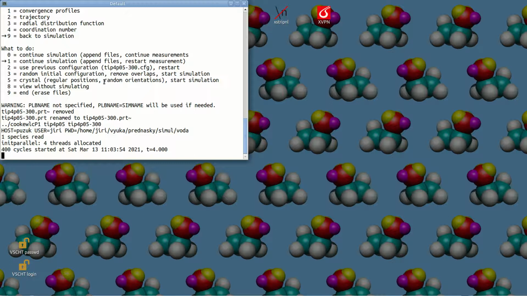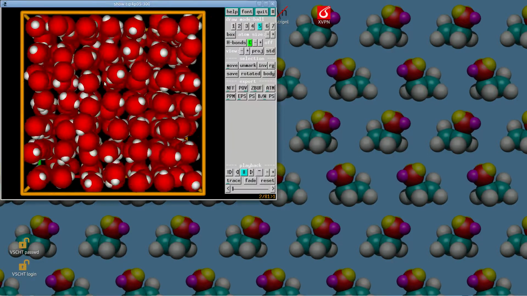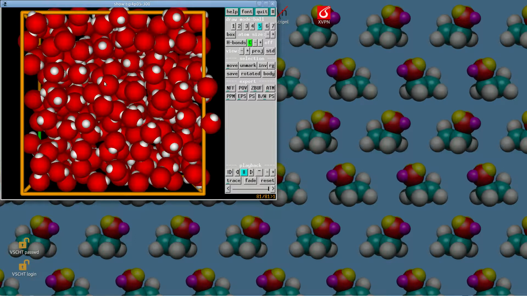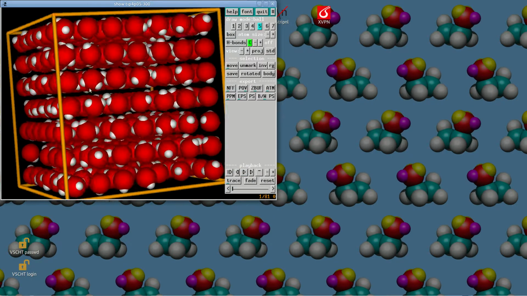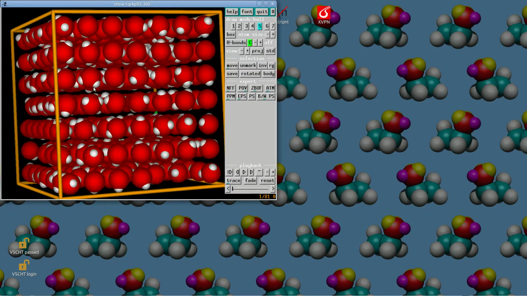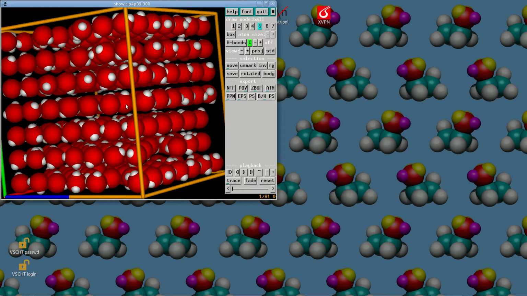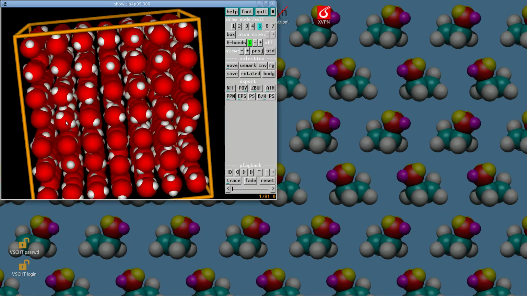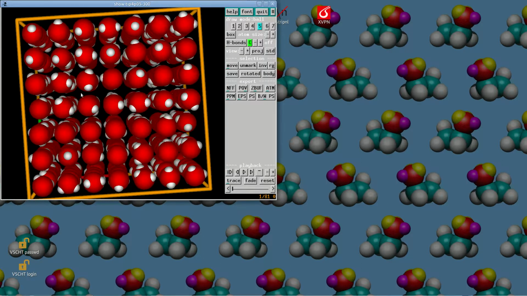I've forgotten to show you the trajectory, so when it appears, I will show you the trajectory. It's here. This was the first initial configuration, so it is a crystalline configuration with possible holes, because one cannot fit 300 molecules into a regular lattice, so there must be holes, and that's why such a configuration has a high potential energy, which we've seen.